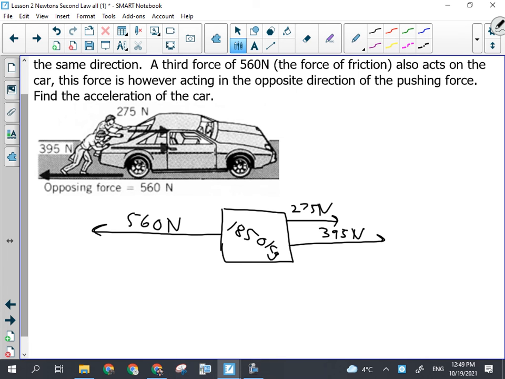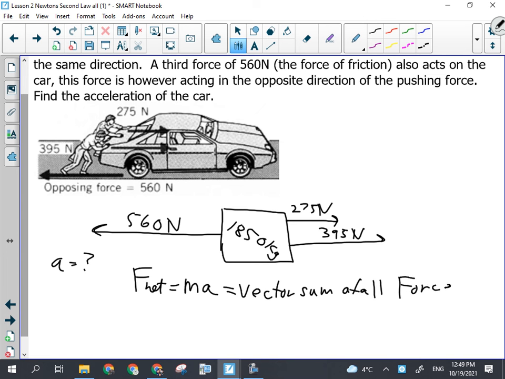All right, so now, if I want to calculate the acceleration, I'm going to need the net force, and I already have the mass. Remember we said F net equals m times a, but it also equals the vector sum of all forces.